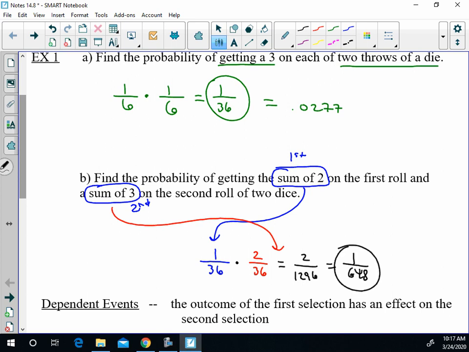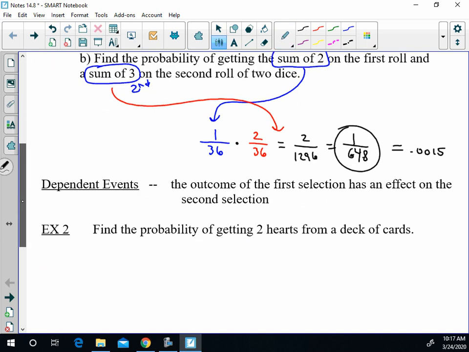You could also say 0.0015. Again, I tend to want to stick to the fractions if at all possible. Personal preference, like I said, I like the fractions better.